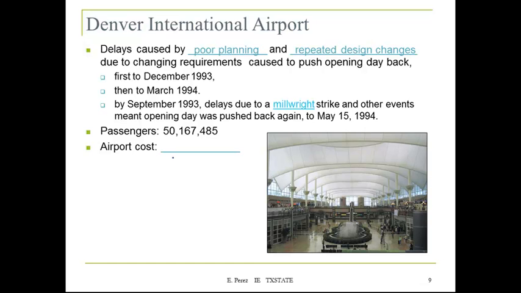As a project manager, there will be some things that you can manage and control. If you perform a good plan, then you should be able to avoid these repeated changes throughout your schedule. But there will be some things that are uncertain that you are not going to be able to control.